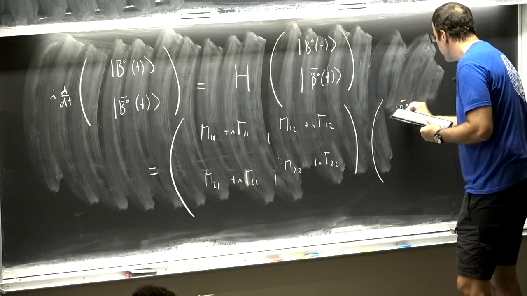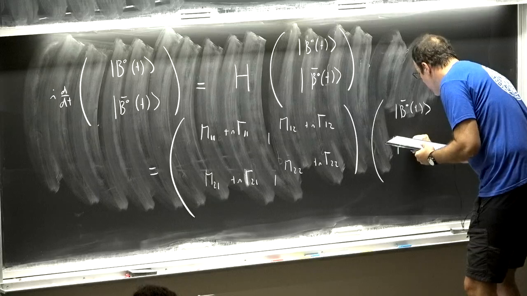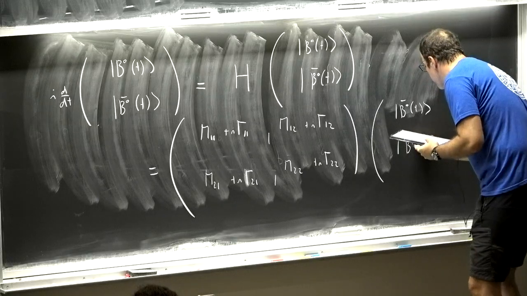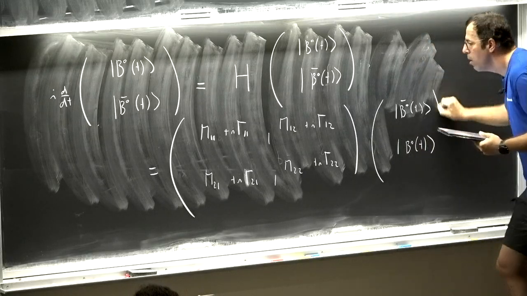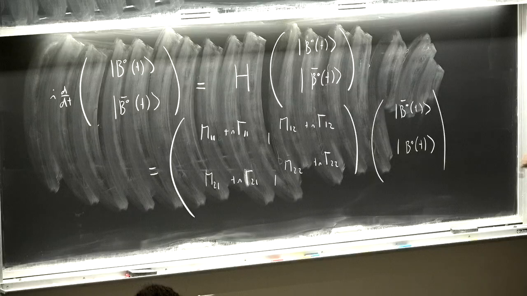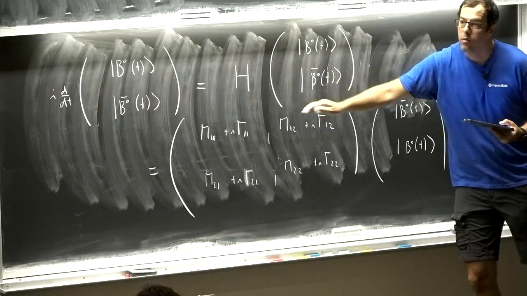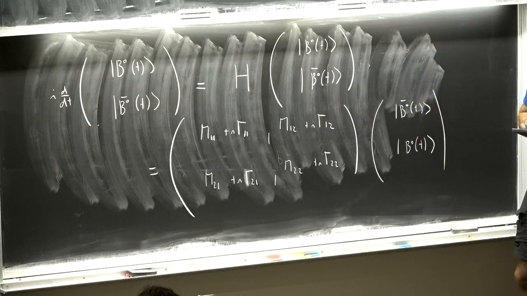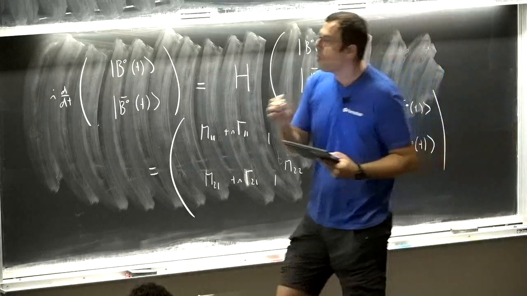So I'm not writing out what they are, but in principle they are calculable. These just describe the decays of the B mesons, so in principle calculable.